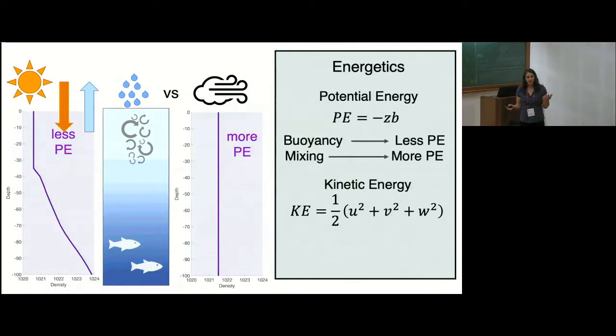The best way, I think, to describe this is in terms of energetics. If you have a water column with a certain density stratification, with light water up here and dense water down below, it has a certain amount of potential energy.